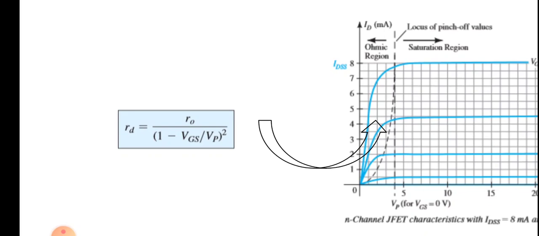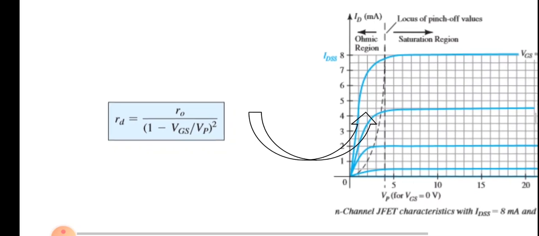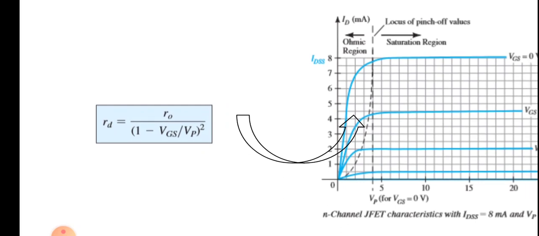The resistance of the FET can be represented with the help of this formula: R0 divided by (1 minus VGS divided by VP) the whole square. R0 is the resistance offered by the channel when VGS is 0, because at that time the current is more.